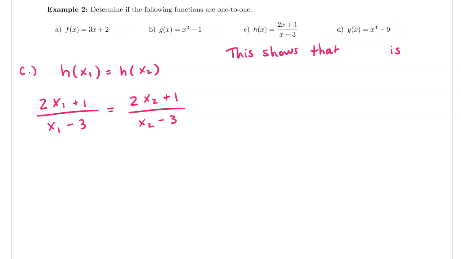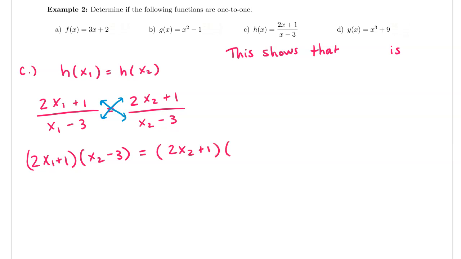So what I'm going to do here is cross multiply, because I have a fraction equal to a fraction. If I do that, we get 2x1 plus 1 times x2 minus 3 is equal to 2x2 plus 1 times x1 minus 3.